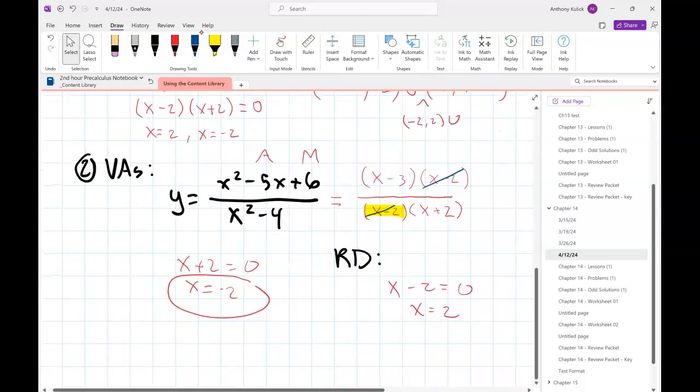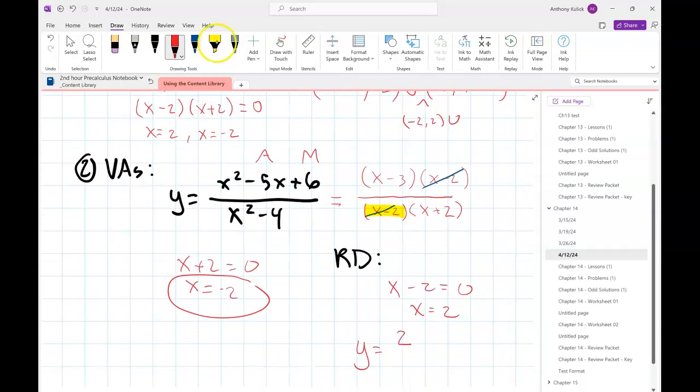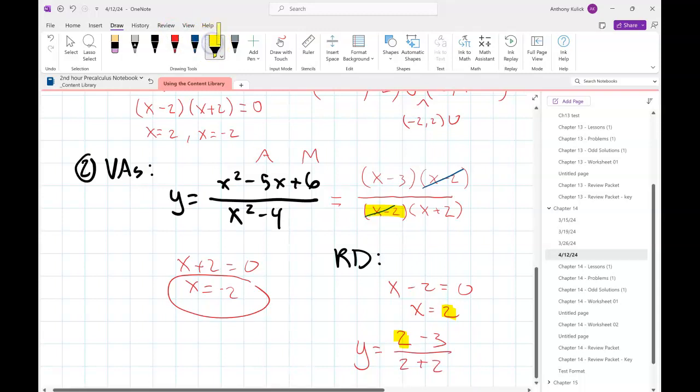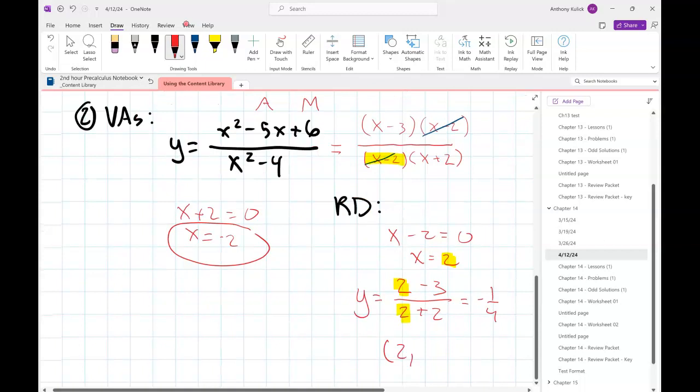So to find the y-coordinate, I'm going to plug that x value into my reduced problem. So my removable discontinuity would be 2 comma negative 1/4.